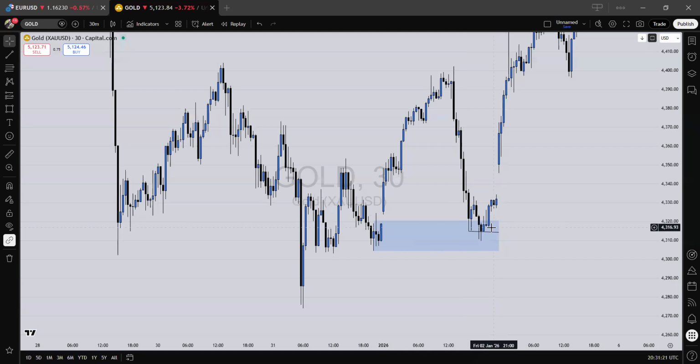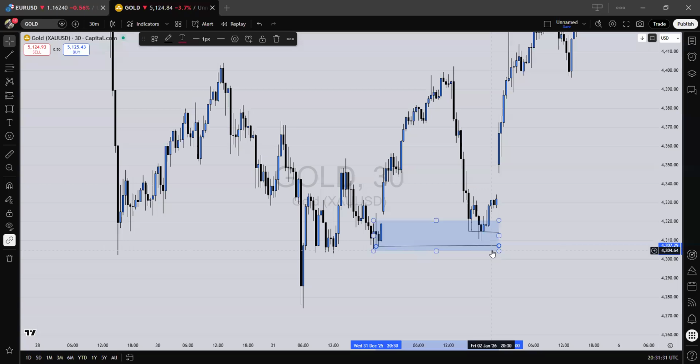But if price mitigates everything completely, like this POI now, if price takes it up to like 75% or 80% of the mitigation, and I actually caught the trade well, there is nothing left for price to come here for because the orders have been exhausted.